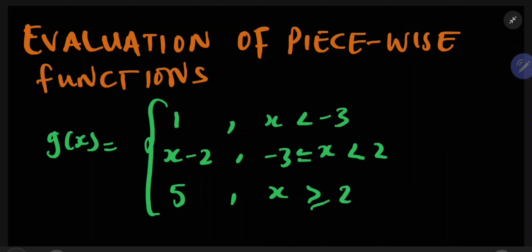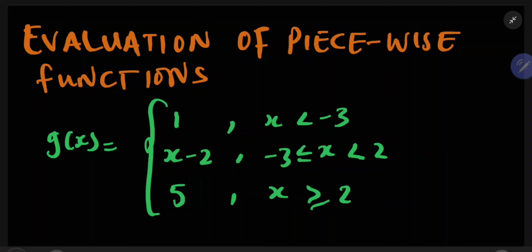So this is a sample of a piecewise function, and we see that this function is defined for inputs less than minus 3. So for this, minus 3 is not part of this interval.